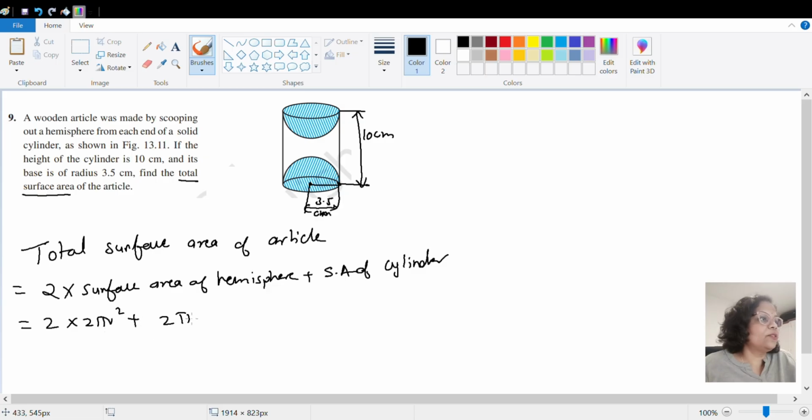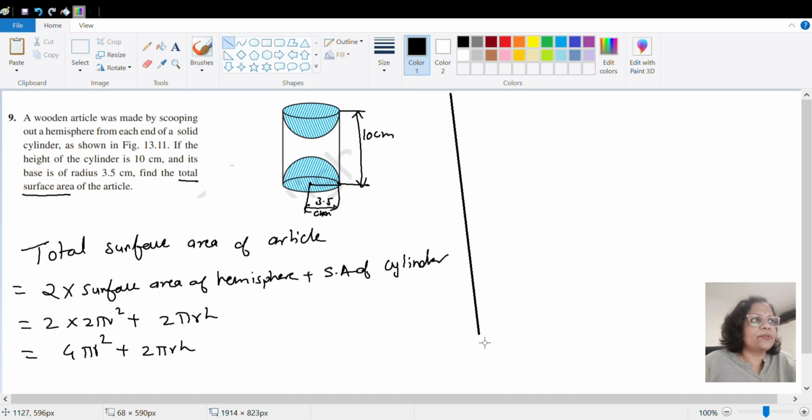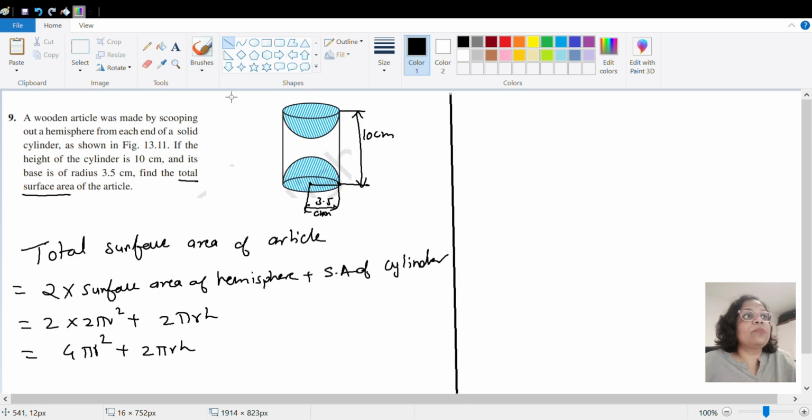So this becomes 4 pi r square plus 2 pi r h. So from here we can see we can take out something common. Always take common. Don't start with the substitution because your calculation becomes difficult. So you can see 2 pi r we can take out. That means 2 r remains inside and h is there.